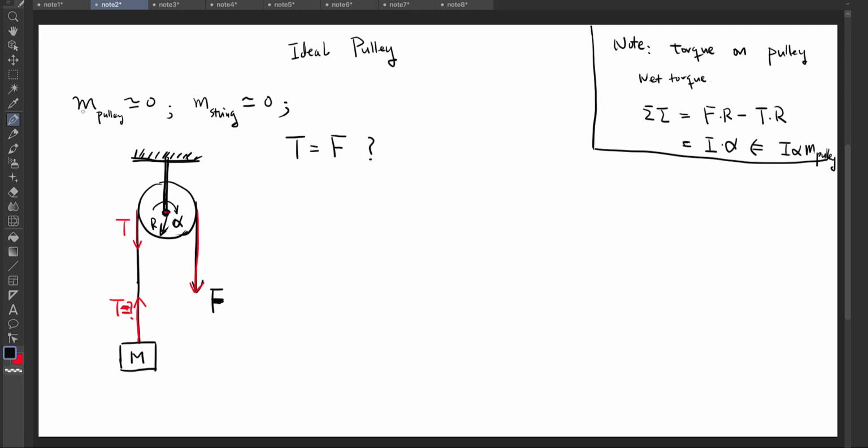Now, if the mass of the pulley equals zero here, that would mean I equals 0. So that would mean F equals T. Okay, so that condition, if the pulley mass is almost 0, then F equals T. So we have this condition, but it's under the condition that the pulley's mass is almost 0.